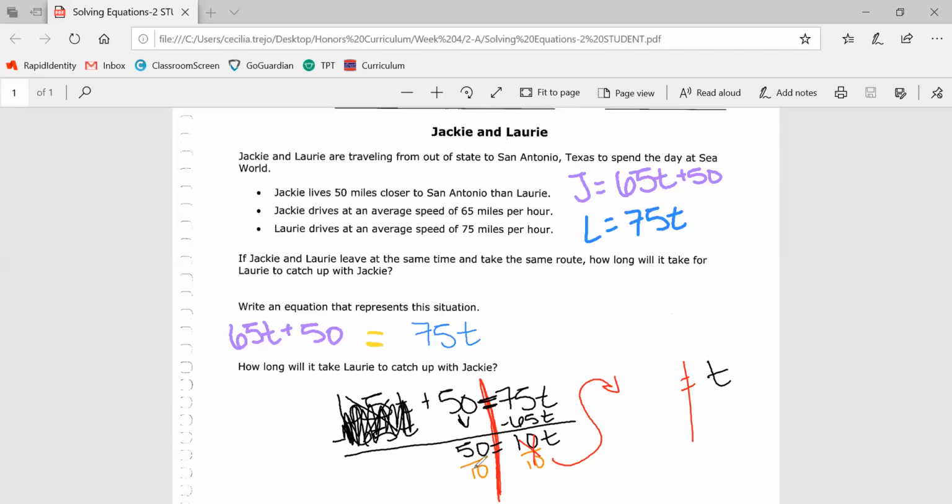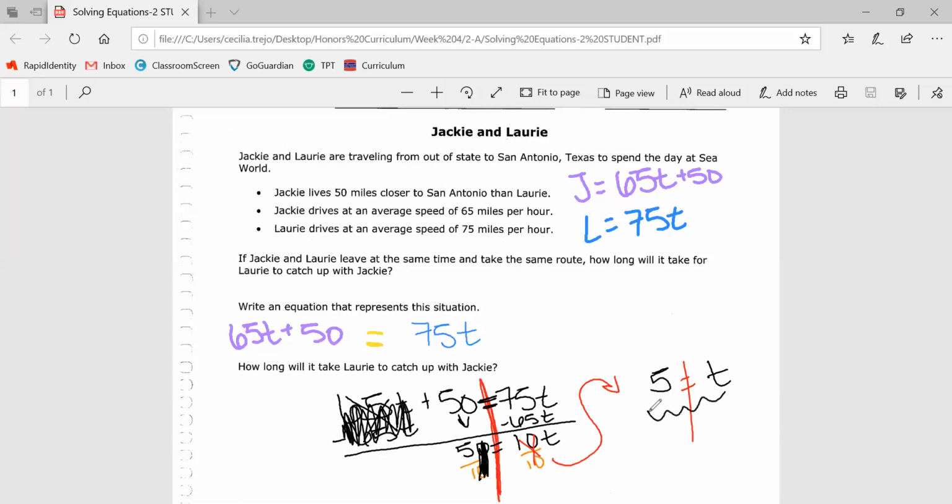And now I have 50 divided by 10. We all know that that's 5. But here's a little shortcut, I told you I was going to give you some. If you ever have a 0 in the numerator and a 0 in the denominator, as long as you have a matching pair, you can just cancel them out. And now you have 5 divided by 1, which gives us 5.